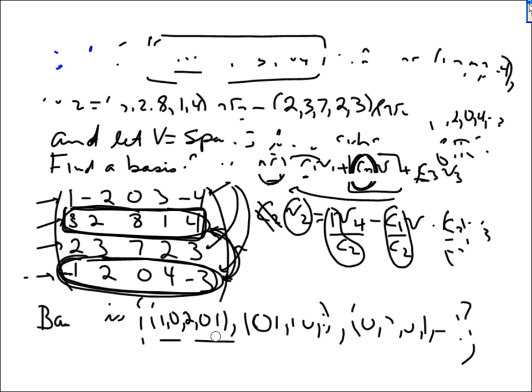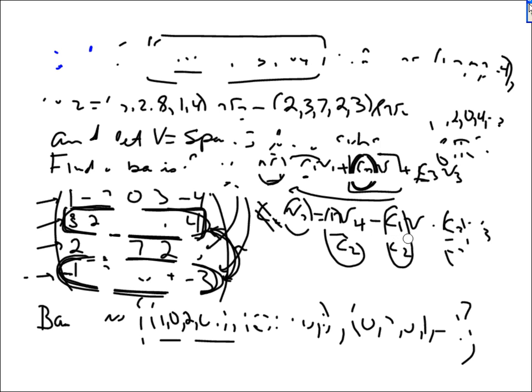But remember, when you have a basis, you have a vector space V, and you have a basis for V, then every vector in V can be written as a linear combination of the vectors in the basis.